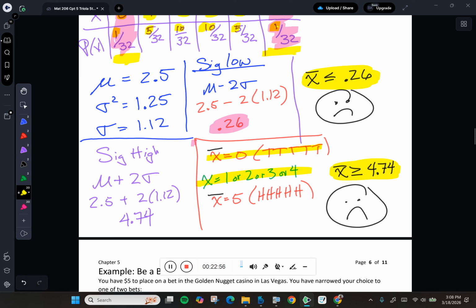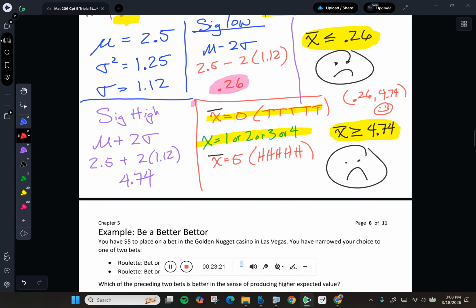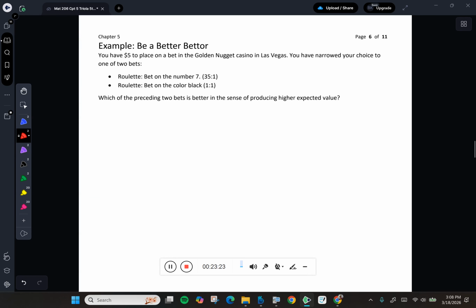Anything between 0.26 and 4.74, I would just be like, okay, that's where we should be. That's where the math says this should be turning out. I'm okay with that. All right, let's look at how one might use this.